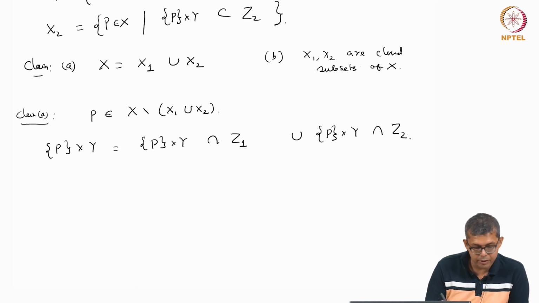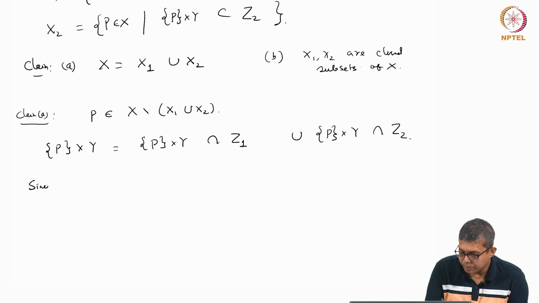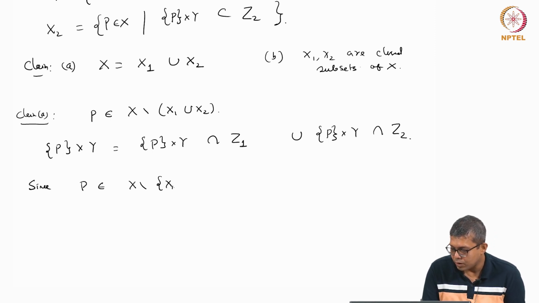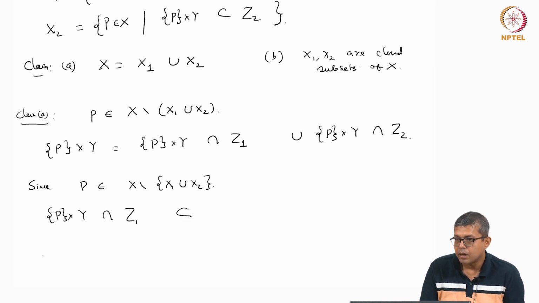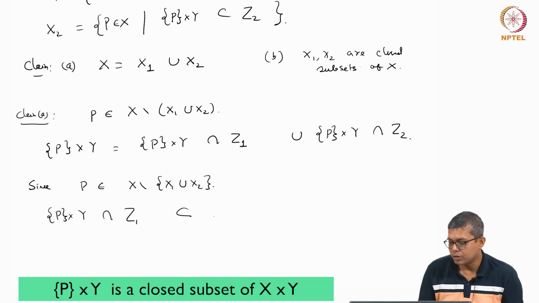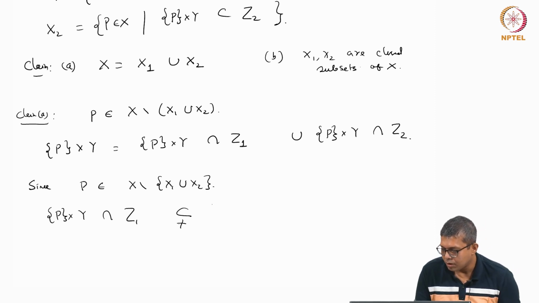Now the point is that since P belongs to X minus (X1 union X2), this first intersection, P cross Y intersection Z1, is a closed subset, a proper closed subset of Z1.